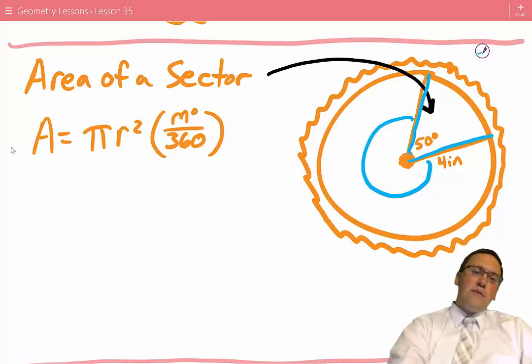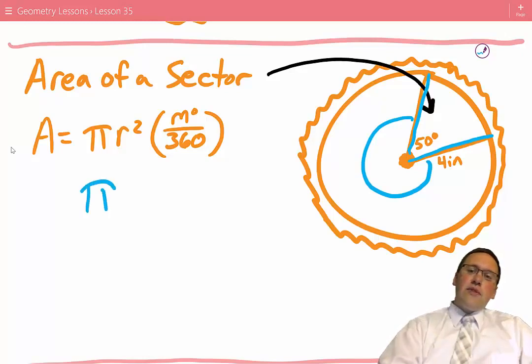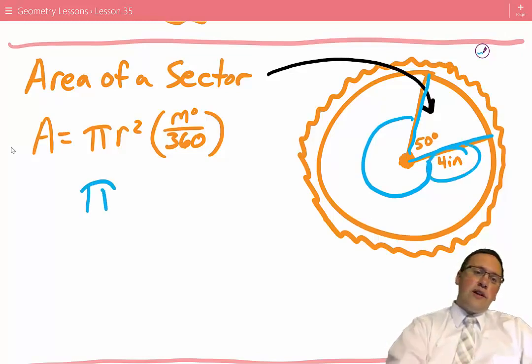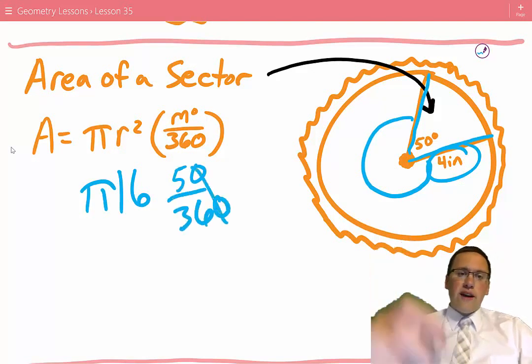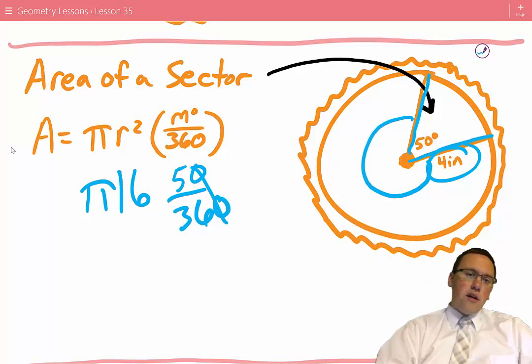You'd say pi times 4 squared, which would be 16, times 50 over 360, which reduces to 5/36.